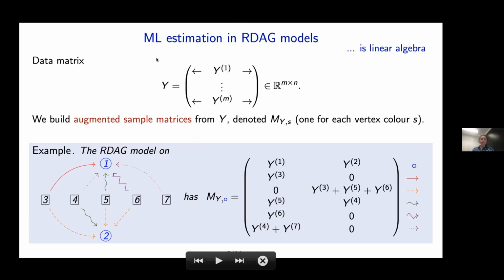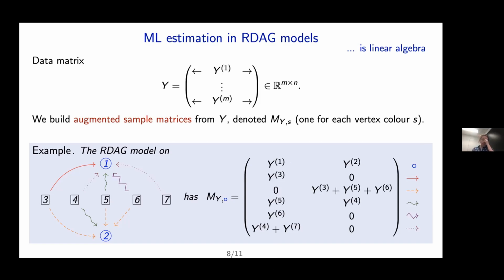Yes, thanks a lot for your question. Usually in the usual data matrix, each row corresponds to a node of the graph. So we start with a matrix that in this case has rows Y1 up to Y7. Now we turn this into an augmented sample matrix where some of the rows are indexed by vertices, actually just the top one, and the other rows are indexed by edges.